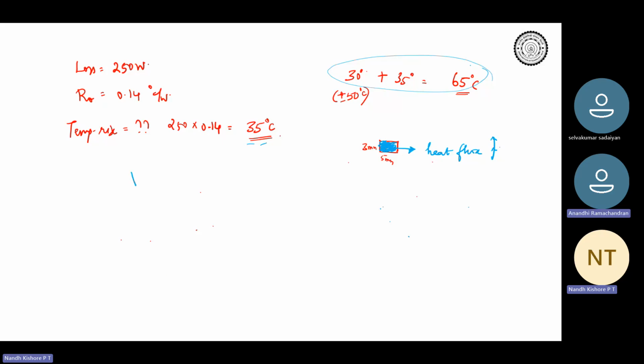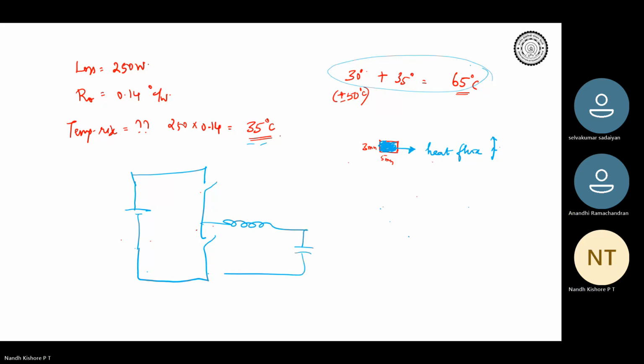So let's say you take a half bridge like this. This is your buck converter only. People will attach one heat sink for this device and this device also. In most cases you will see that the heat sink is not only thermally conductive, it is also electrically conductive.